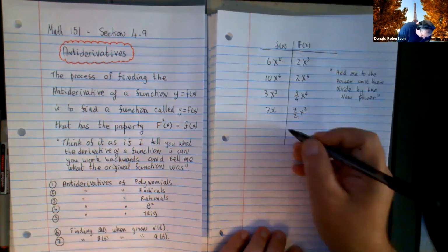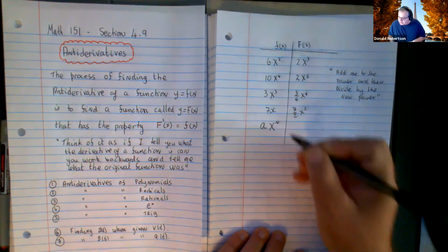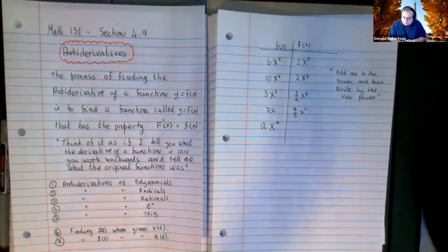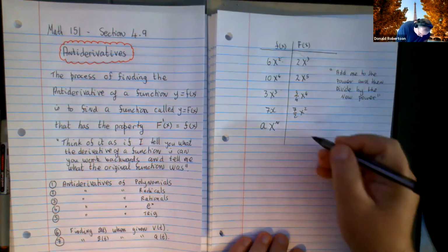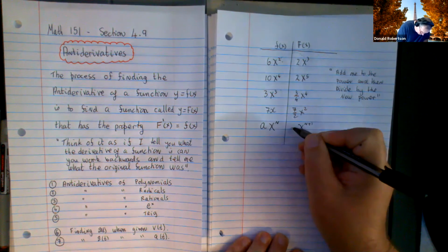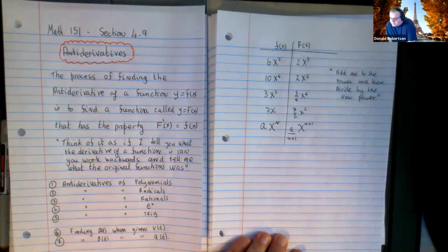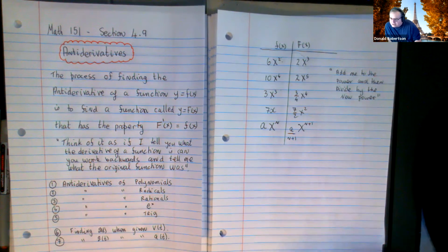In general then, if you are doing ax to the power of n, right? 7x cubed, 10x, 50x to the 9th, whatever you like. You add 1 to the power and you divide by the new power. So that's the rule in English.